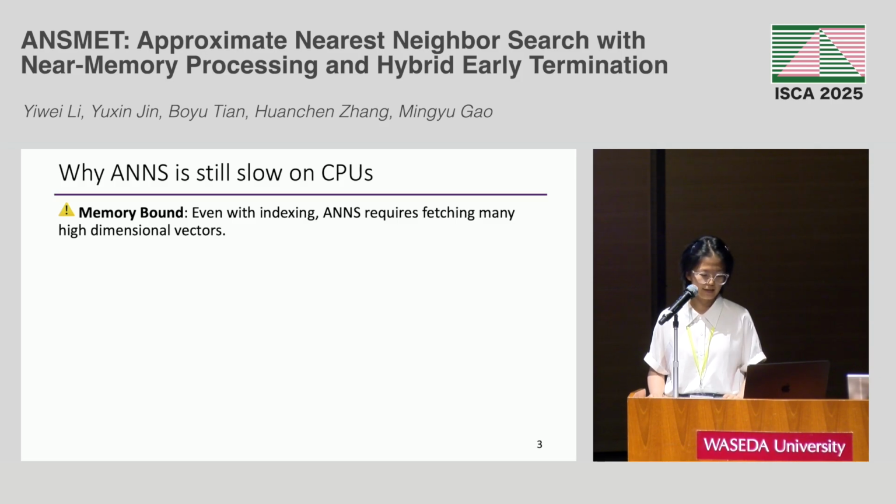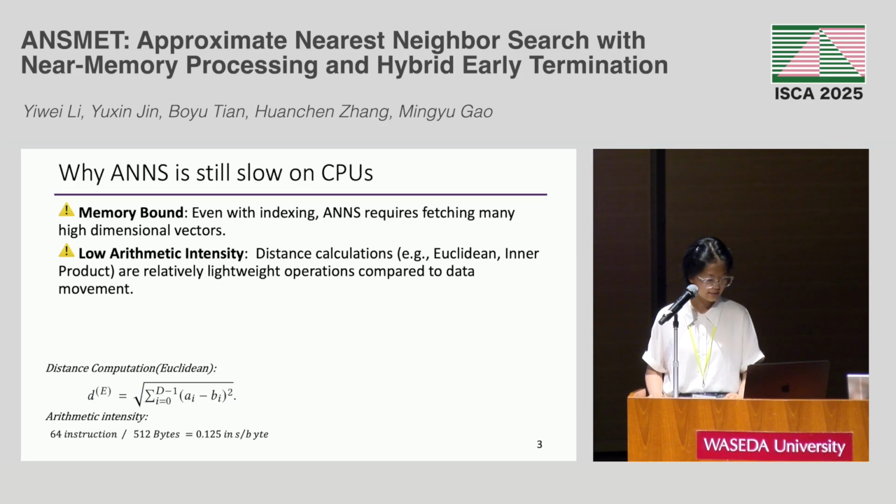Even with indexing, ANS still requires fetching many high-dimensional vectors. And secondly, distance calculations are relatively lightweight operations compared to the data movement. So ANS has low arithmetic intensity. For example, for vectors with 128 dimensions, the arithmetic intensity is 0.125.